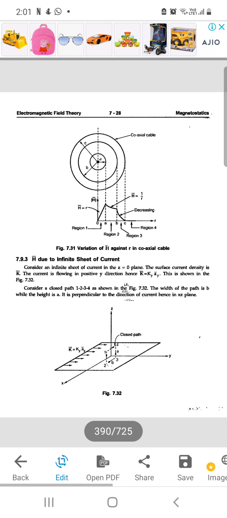Now consider the figure shown here. We are plotting magnitude of H with respect to R, and the cable is also depicted in the figure.